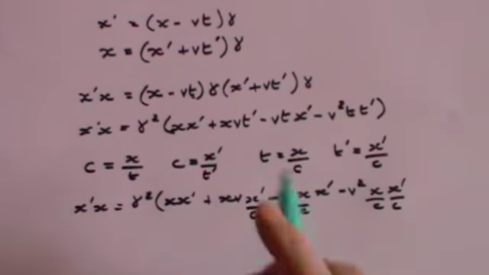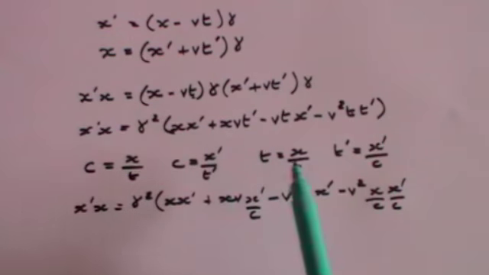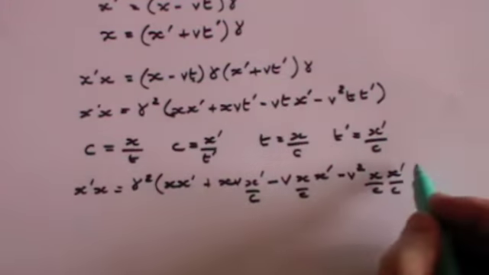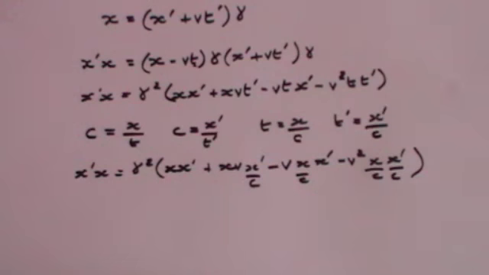So I've simply, in this formula, replaced all the t's and t primes by x over c or x prime over c respectively. Now again, that still looks awful, but you'll notice that x prime exists in every term. So I can divide throughout by x prime.